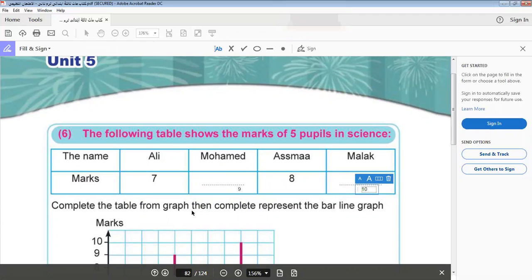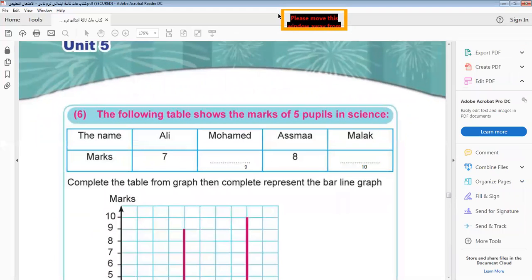Then he wants you to draw Muhammad's mark and Asma's mark and Ali's mark by using bar lines.